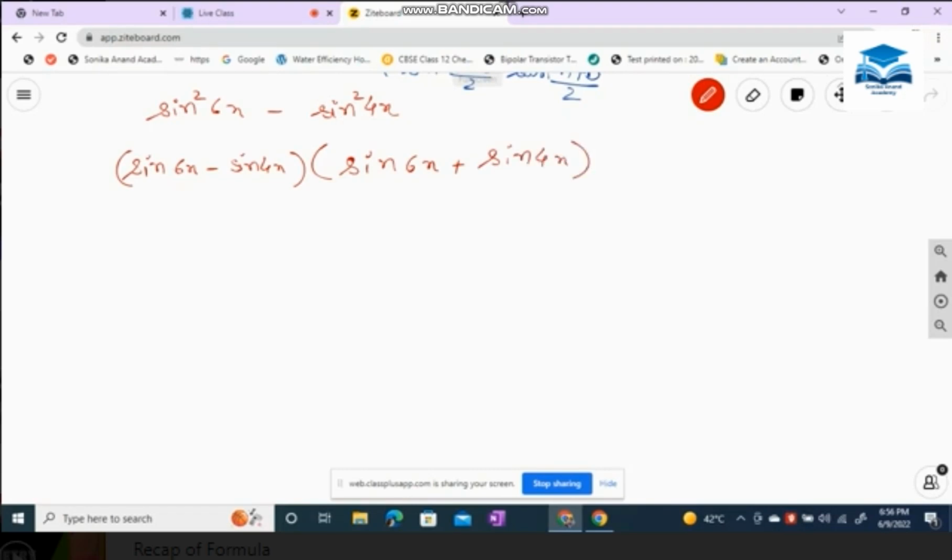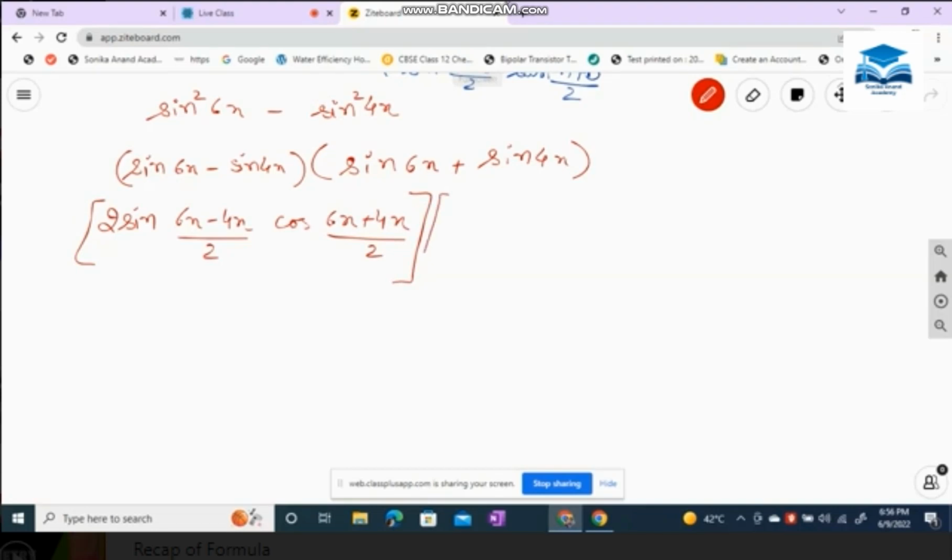Now this is sine A minus sine B. So 2 sine of A minus B, that is 6x minus 4x upon 2, and cos of 6x plus 4x upon 2. Clear?